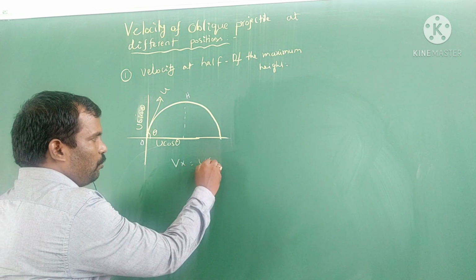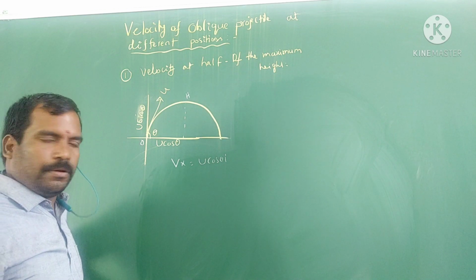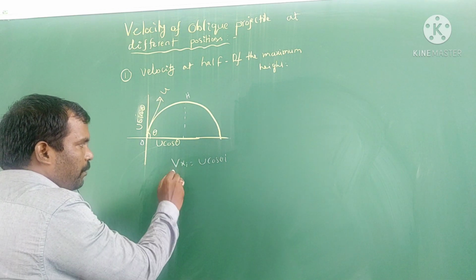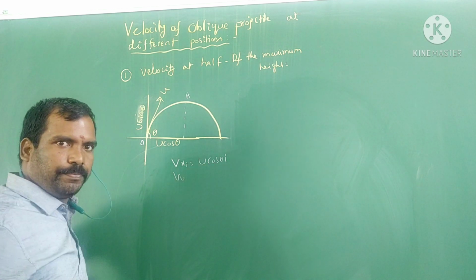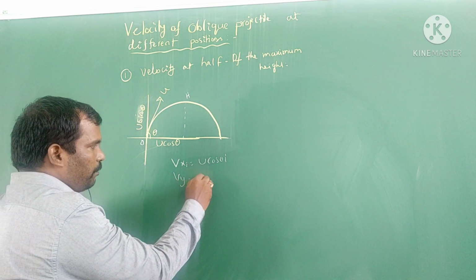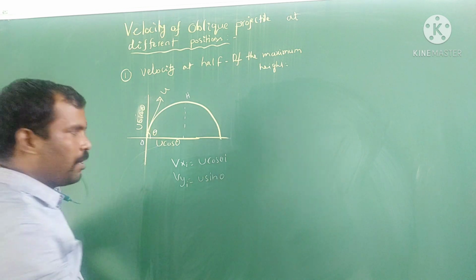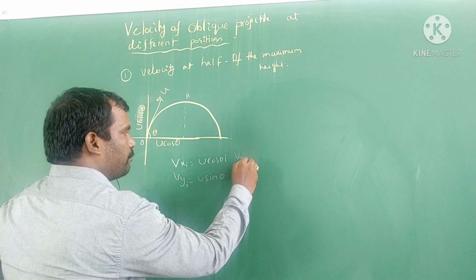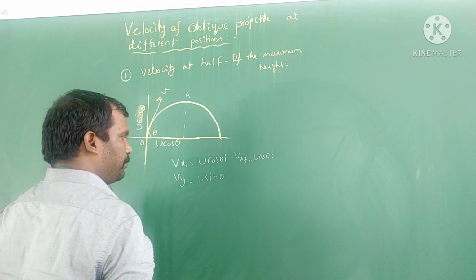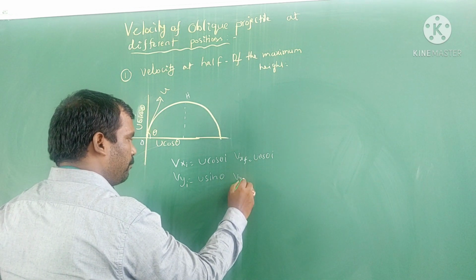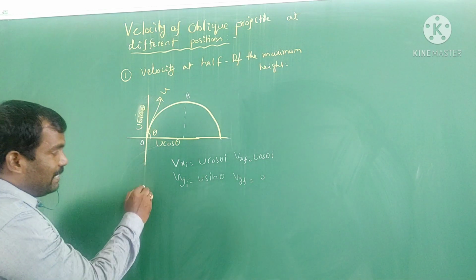Vx initial is equal to u cos theta i, and final is also the same. Vy initial is equal to u sin theta, and Vx final is equal to u cos theta i. Vy final is equal to 0.